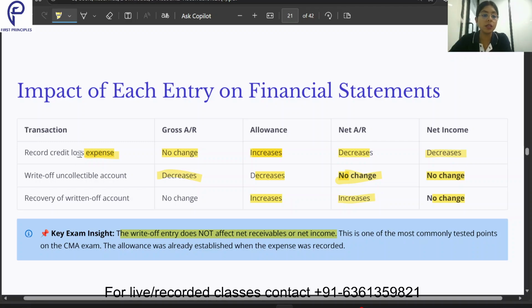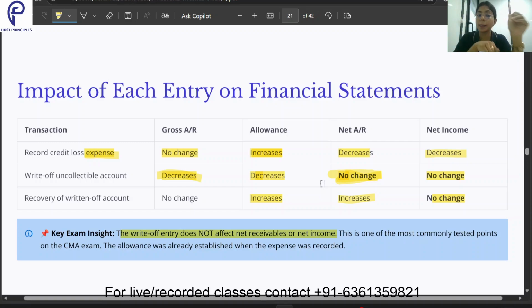Now, coming to the writing off of the uncollectible account. When we are actually writing it off, we are reducing our accounts receivable and we are reducing our allowance account. We have seen that already above in our journal entries. Then in case of net accounts receivable, there will be no change. Why? Suppose previously my gross accounts receivable was 100 and my allowance account was 20.